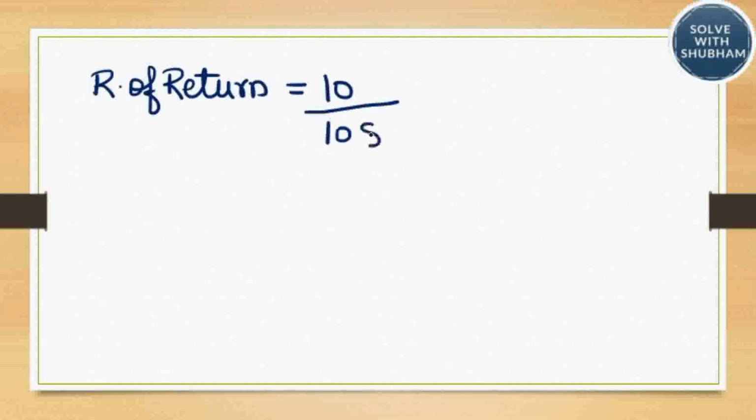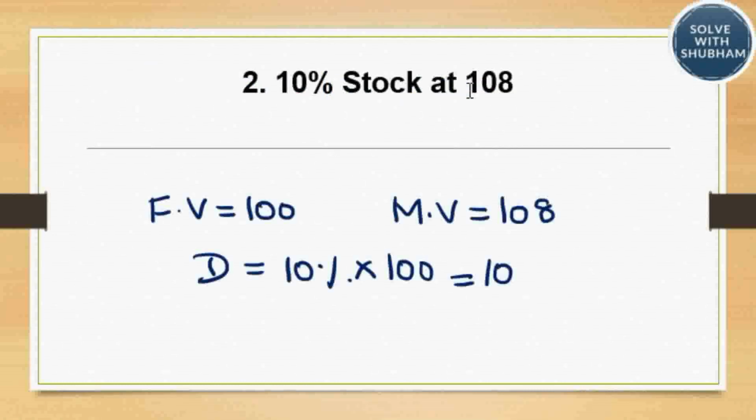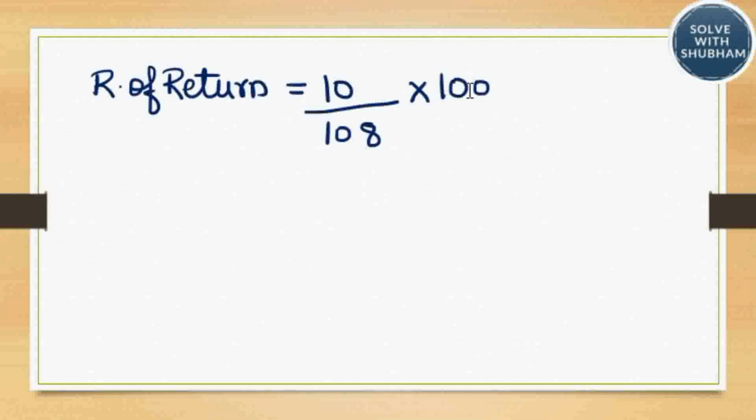So can we find out rate of return? Rate of return, 10 rupees on 108 rupees into 100. Market value is 108, dividend is 10 rupees. So you will be able to find out your rate of return or income on your investment.